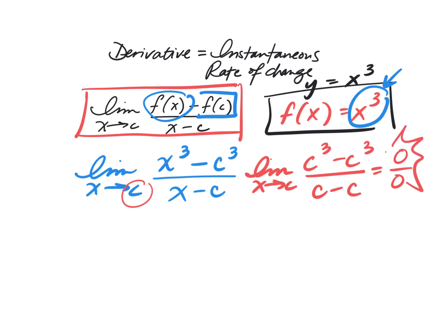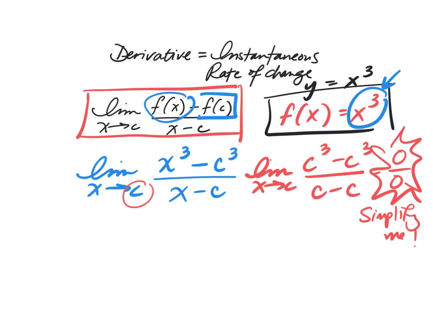It is a big, fat, flashing red light saying, simplify me. I am simplifiable. And your strategies for that, you can do long division, you can do polynomial division, whatever your heart desires. And I know it is trickier when you have variables versus actual numbers, and I know you can do it as well.